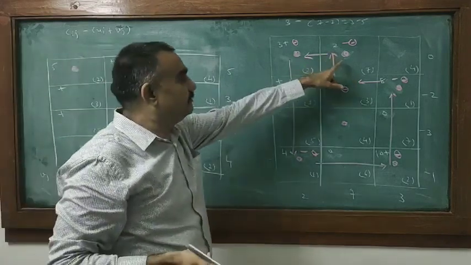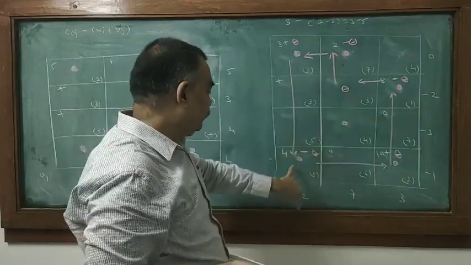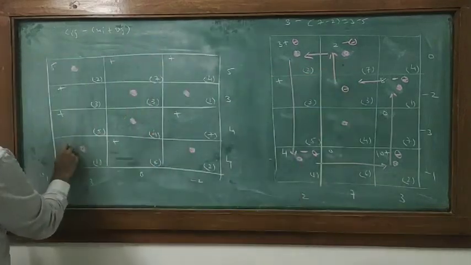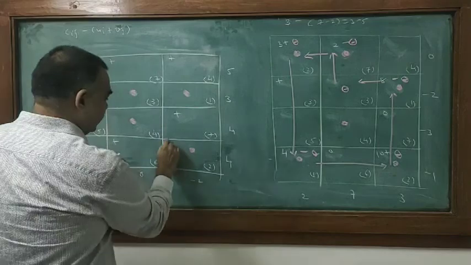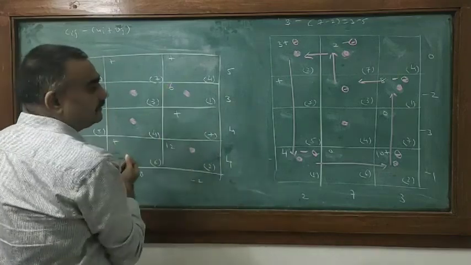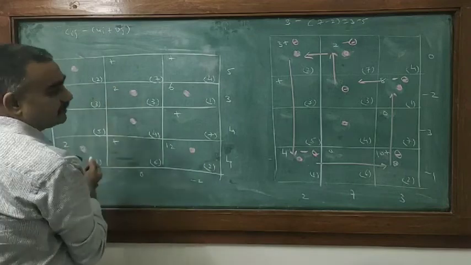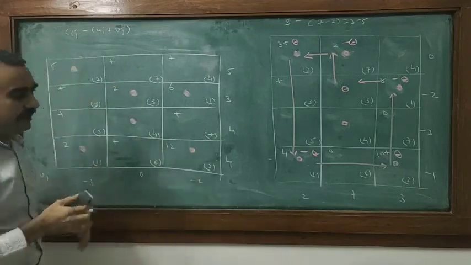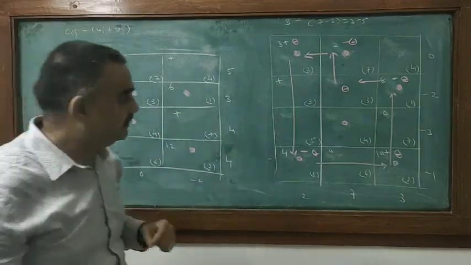See, the value of theta is 2, means it is out of this. This is 2. This is 12. This is 6. This is 2. And how much at 4? I forget that.